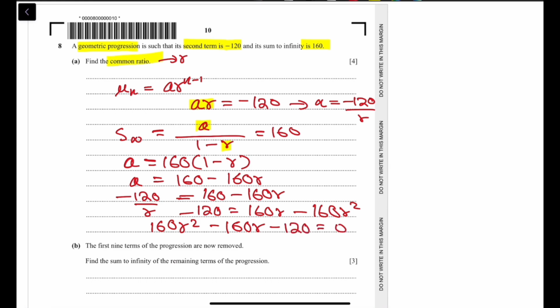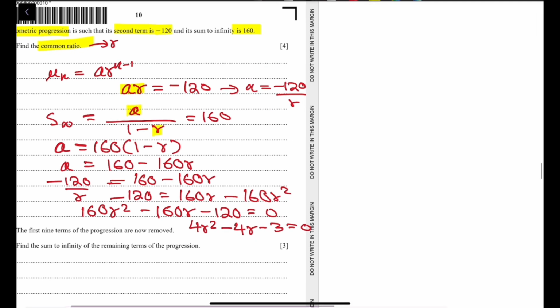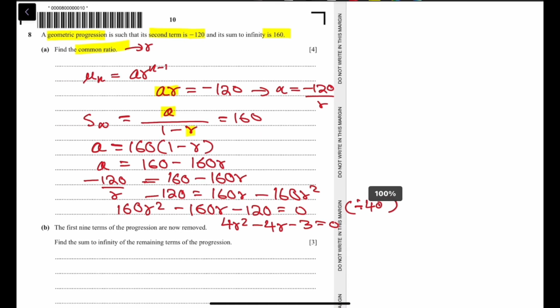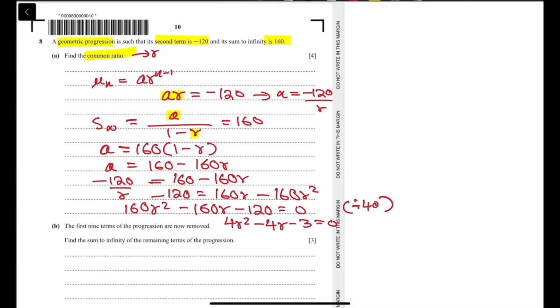And then we get a quadratic function. We can simplify this to equal 4r squared minus 4r minus 3 equals 0. This is done simply by dividing by 40. So we just divided by 40 here. Therefore, it is easier to factorize.